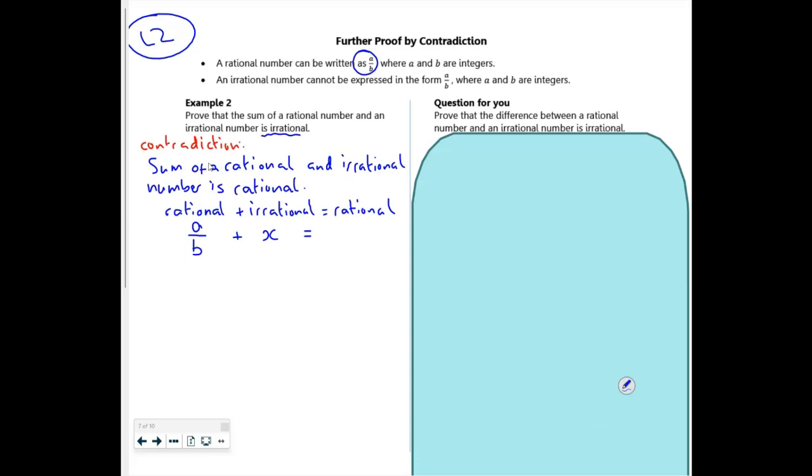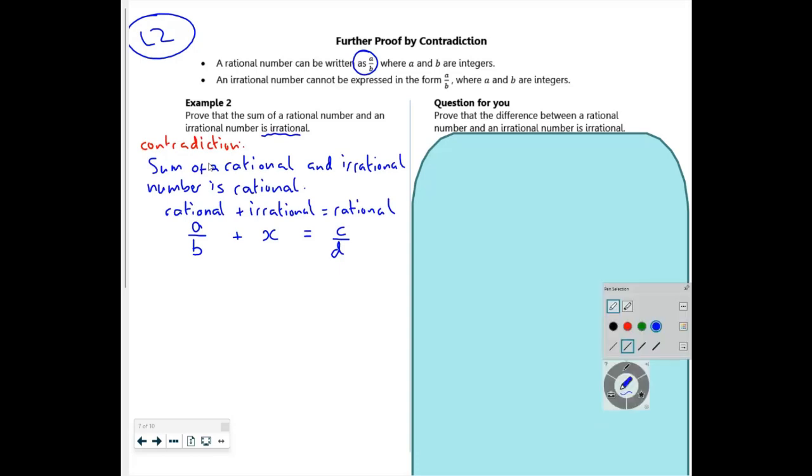And then I'd use d over e here, but I'm just going to use c over d. Right, so what I do is I stick the fractions together. What I want to show is that the left is irrational and the right is rational, and that gives me something that fails. So I want to join the fractions together.